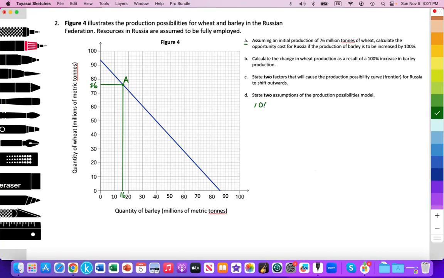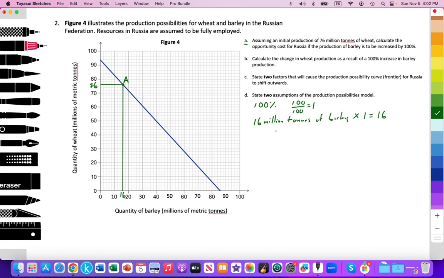A 100% increase. What is that as a decimal value? 100 divided by 100 gives us the decimal value of 1. So I'm going to take 16 million tons of barley and multiply that by 1, which gives me 16 million tons.